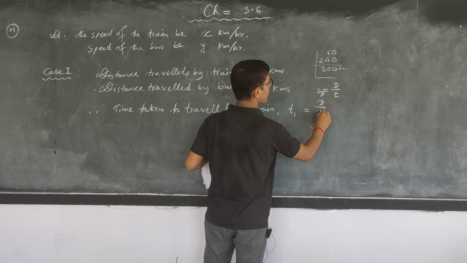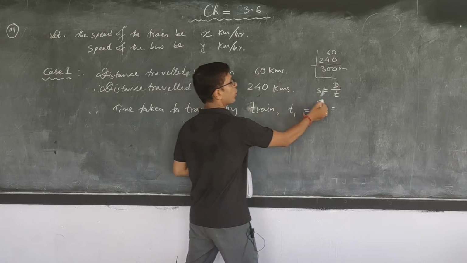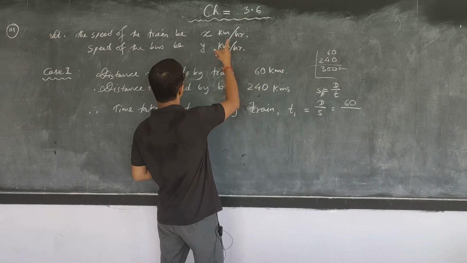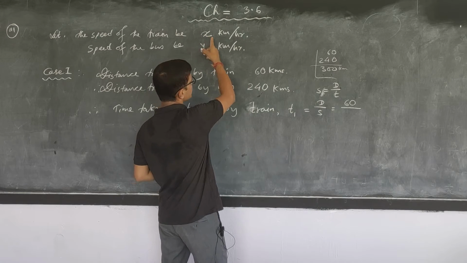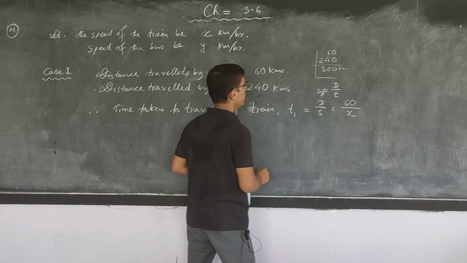The distance traveled by train is 60 kilometers, and the speed of the train was taken as x kilometers per hour. So 60 by x will be the time taken.